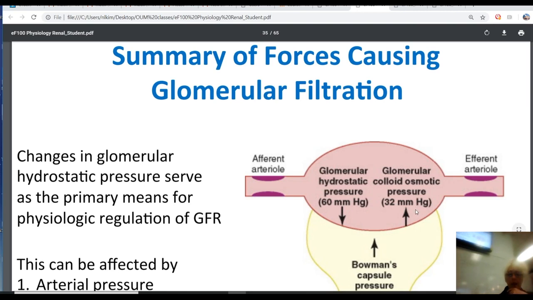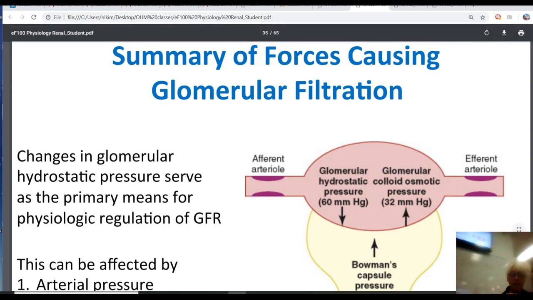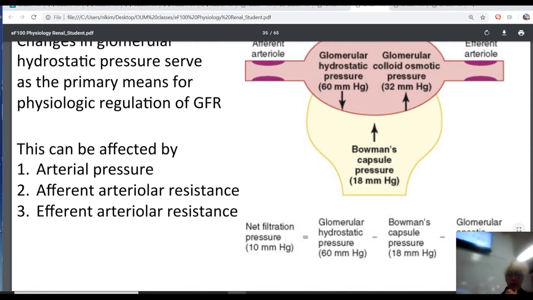So you've got your efferent coming in. Here's your hydrostatic pressure of 60. Here's your colloid osmotic pressure of 32, which is basically saying this is not going to go through. These are your proteins, your colloid osmotic. Then you've got Bowman's pressure.